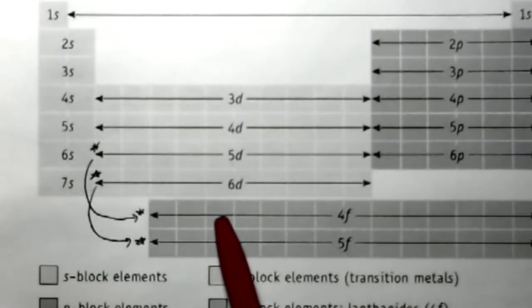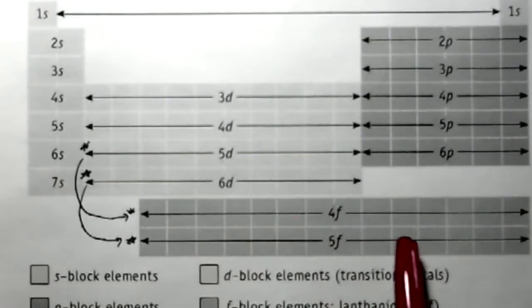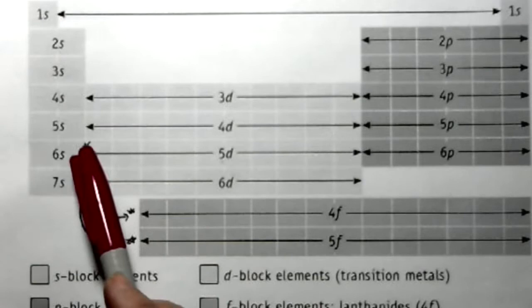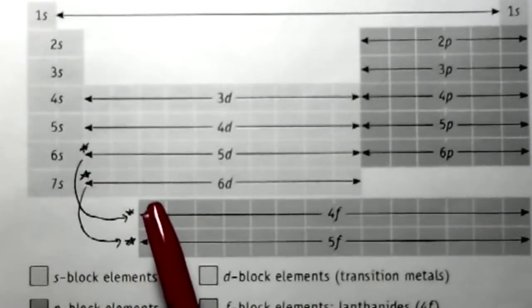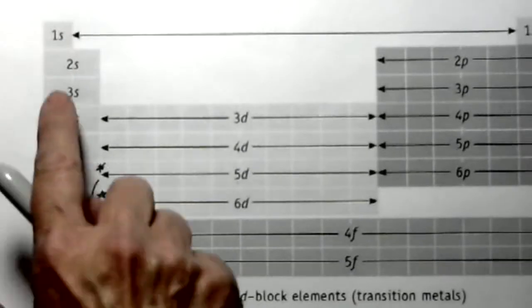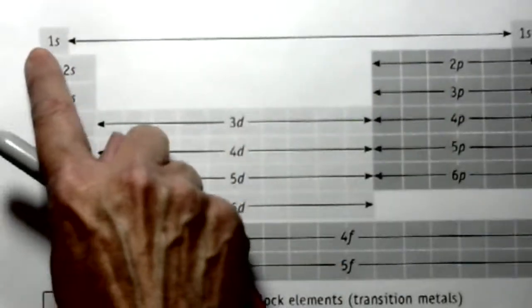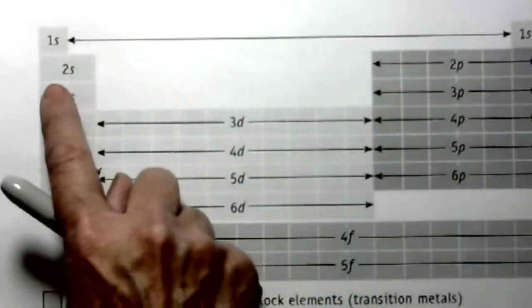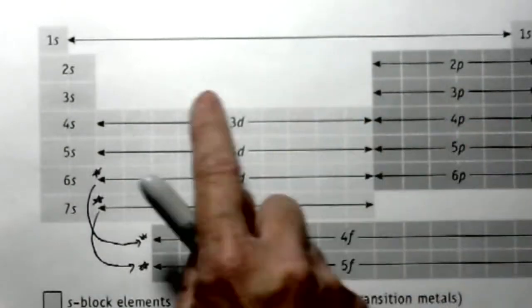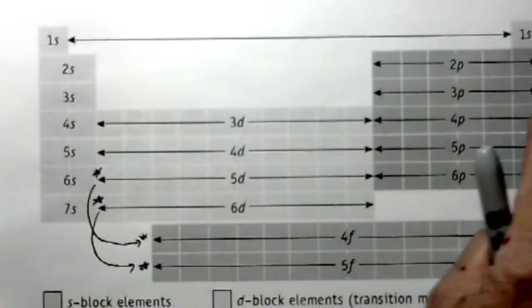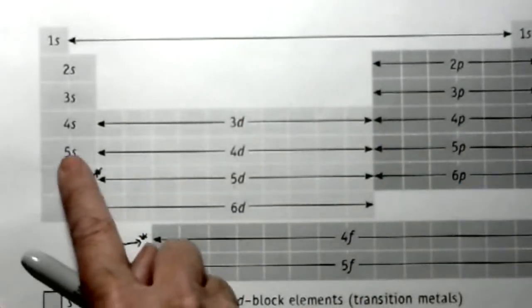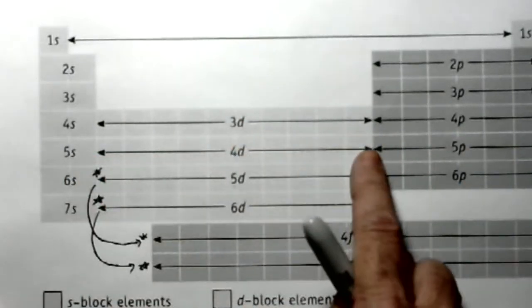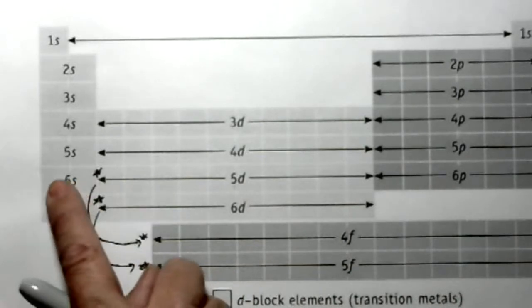And then down here we have the F's come in, and they come in right here where there's a star, and this one comes in down here. So if I want to know the order, I can go left to right on the periodic table. So the 1s fills first, then the 2s, then the 2p, then the 3s, then the 3p, then the 4s, then the 3d, then the 4p, then the 5s, then the 4d, then the 5p, then the 6s.